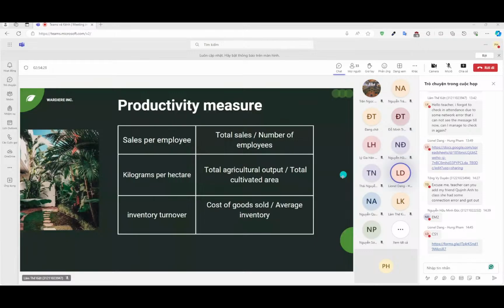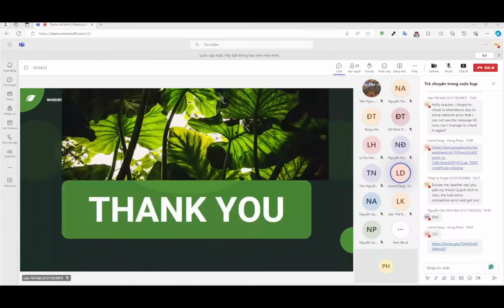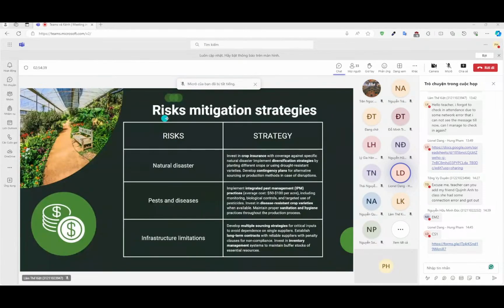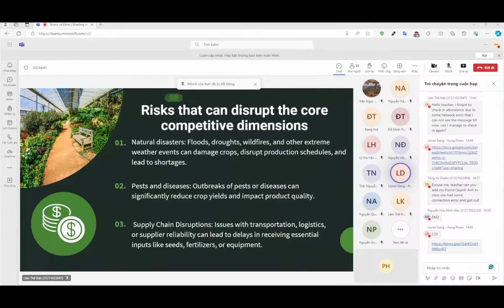Okay, thank you. Please go back to the previous slide so I can give you some comments before your friends do the rating. So the first slide about the customer segmentation.